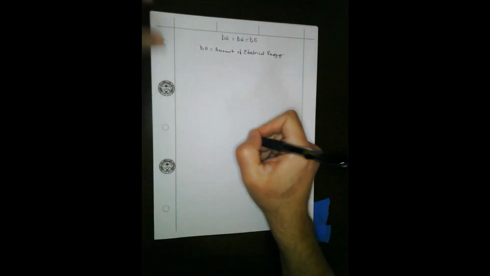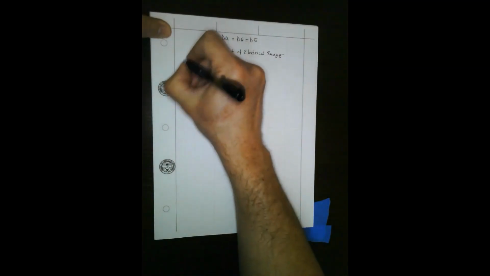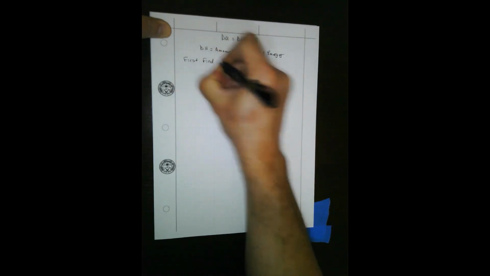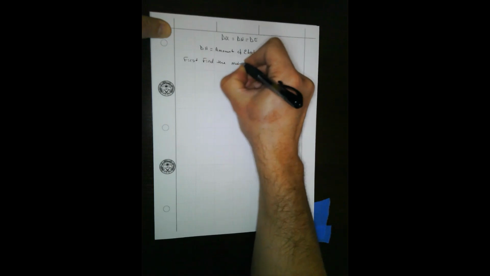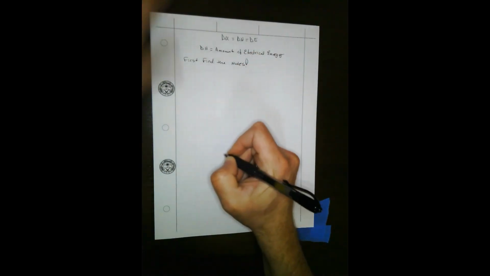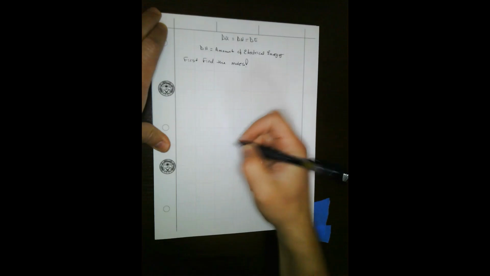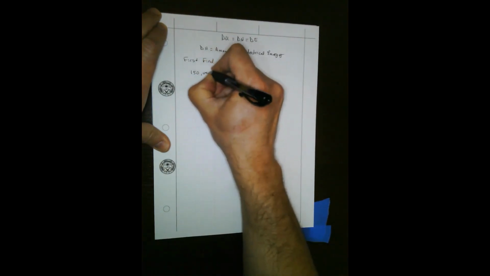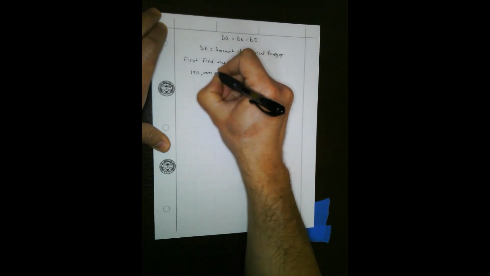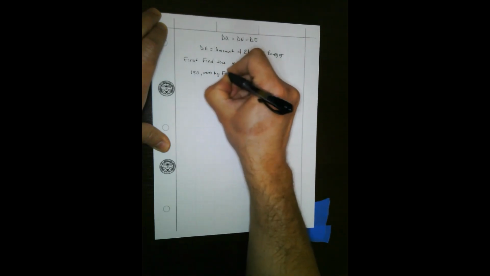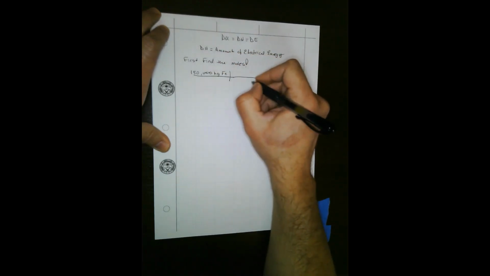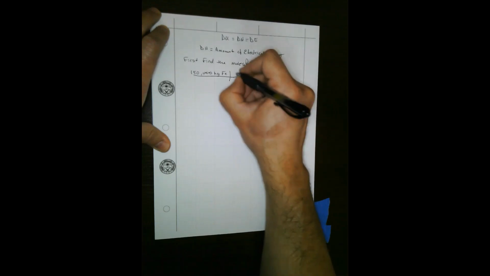To tackle this problem, the first thing we always do is find the moles. So we have 150,000 kilograms of iron, and we're going to do our conversion this way.